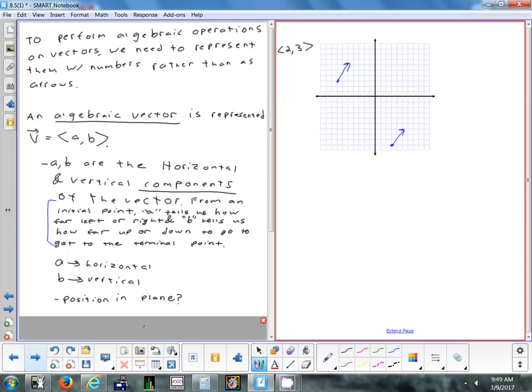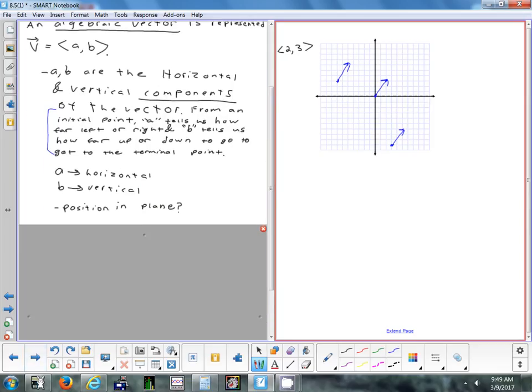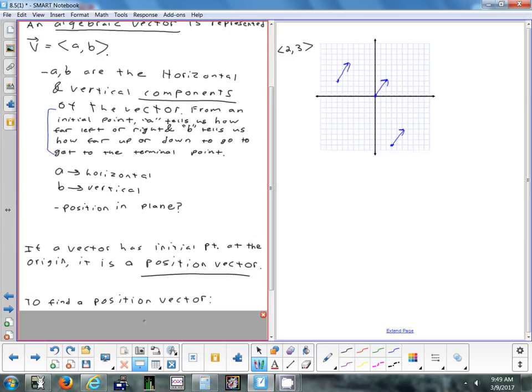That's also the vector. But where do you think a common place that we start from is? Yeah, a lot of times we start from the origin. Right 2, up 3. Okay. And if a vector starts at the origin, it's called a position vector.